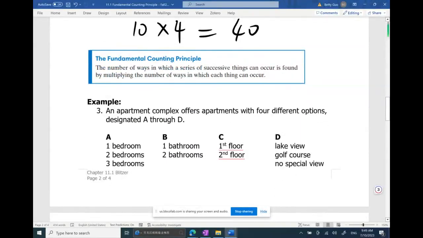Let's see this box, fundamental counting principle. The number of ways in which a series of successive things can occur is found by multiplying the number of ways in which each thing can occur. The key word is multiply. Please remember, when you apply the fundamental counting principle, you are multiplying, you are not adding.